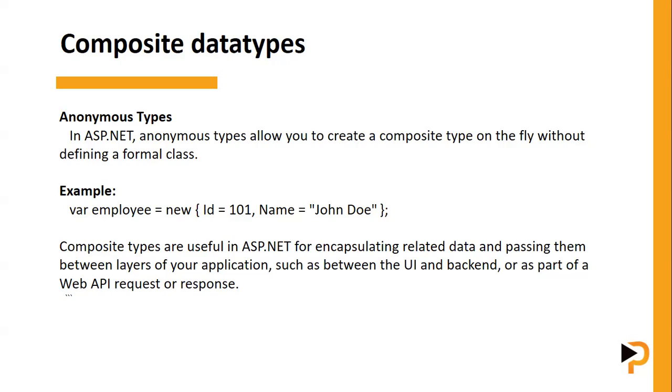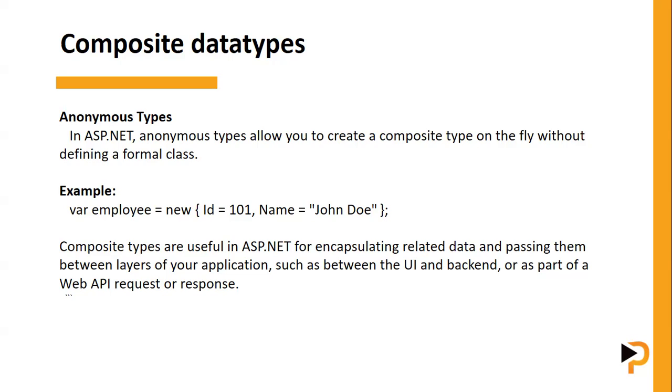Because of composite data types, we wrap the different elementary data types and composite data types together into a single composite data type, and it is easy to transfer the data that way. So composite data types are really useful when we are dealing with data transfers throughout the layers.